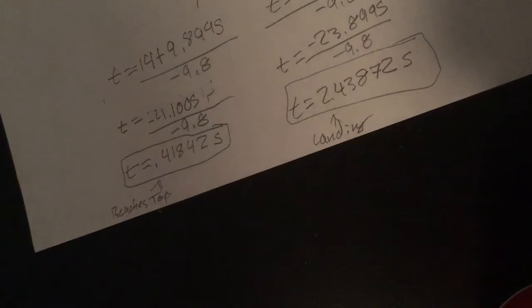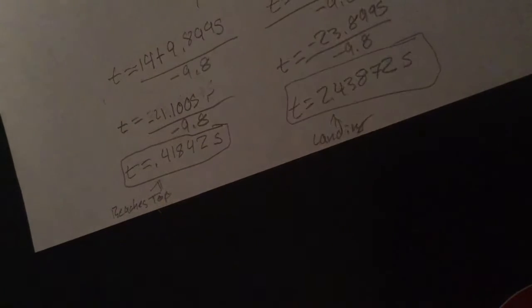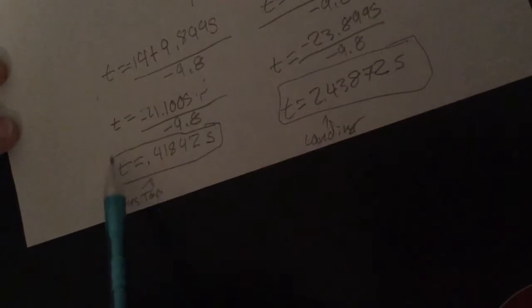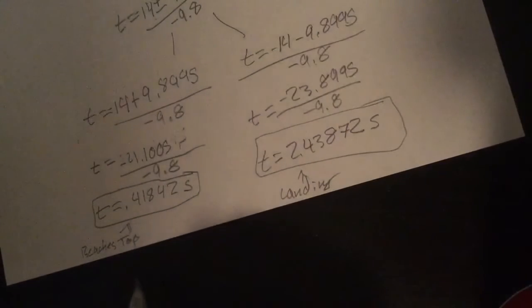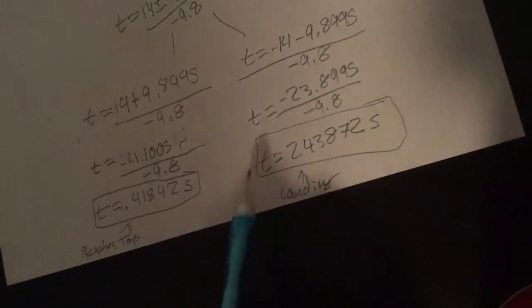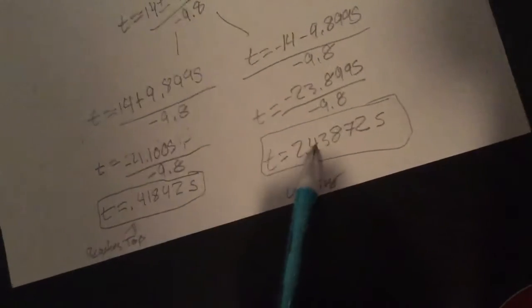And then for C, it asks how long is she in the air. Well, that's pretty easy. If you have your landing and the point at which she reaches the top, all you have to do is this minus this.